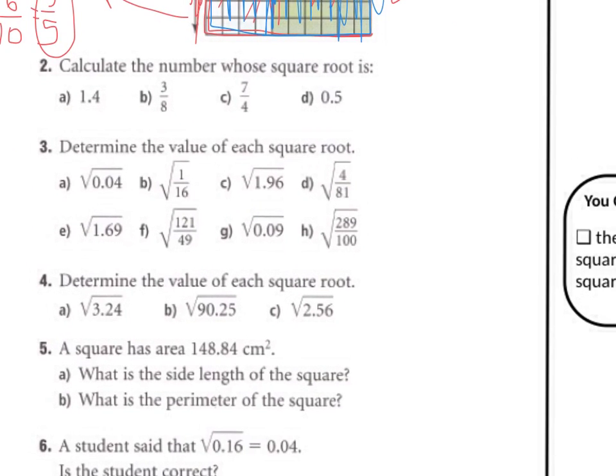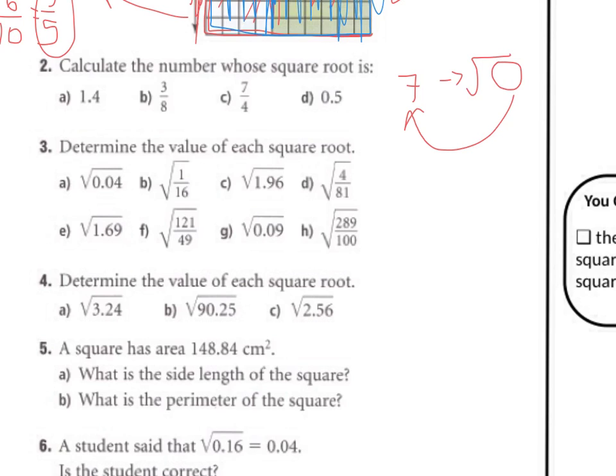Let's move this up. Now it asks us to calculate the numbers whose square root is given. So this means that they already figured out the square root, and we have to figure out what's inside of the radicand. To do this, let me give you a more simple example. If they said the answer was 7, they want to know the square root of what number will give me 7.